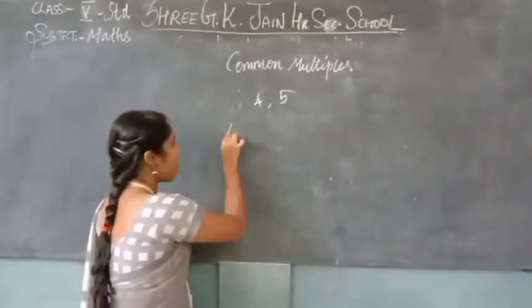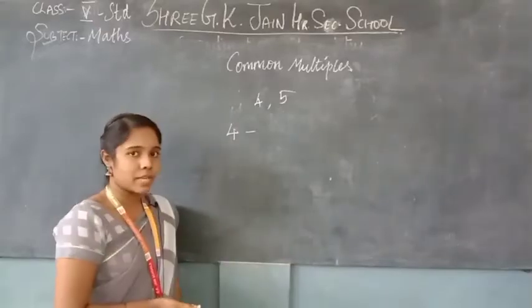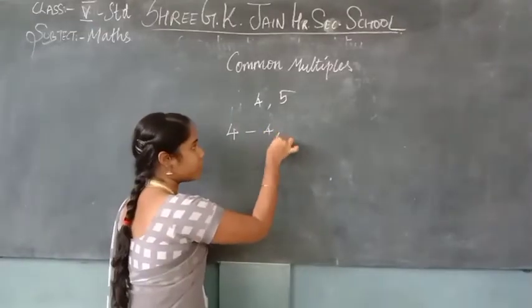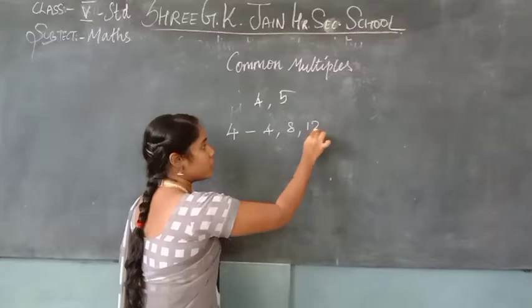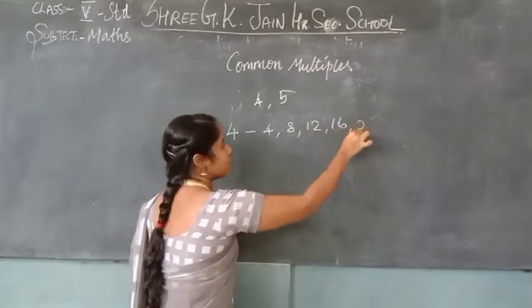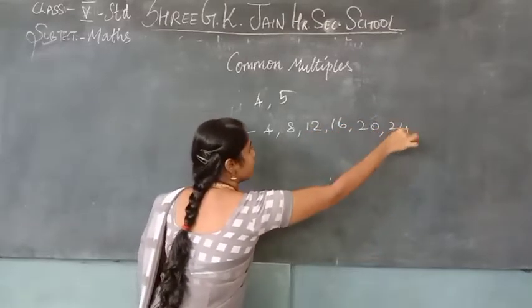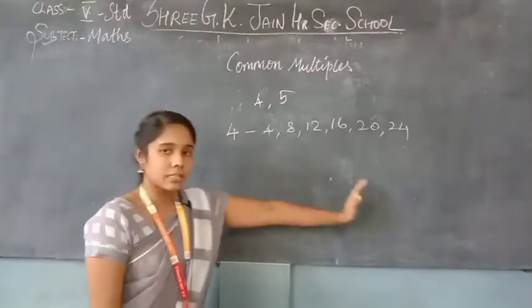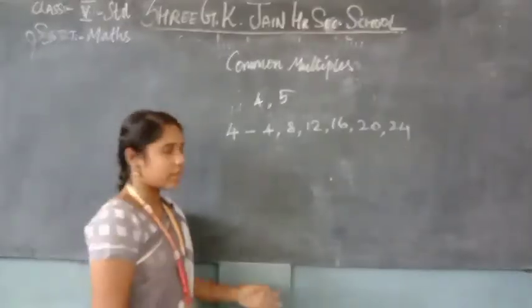What are the multiples of 4? We have solved: 4, 8, 12, 16, 20, 24 and so on. It will go on up to infinity, right?